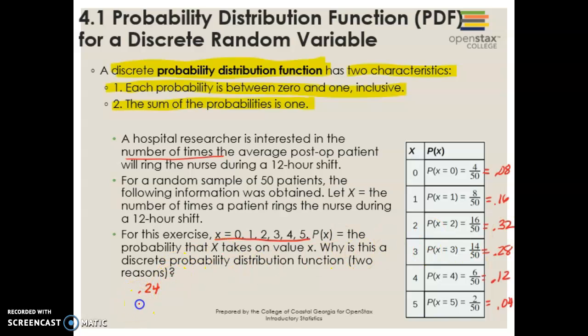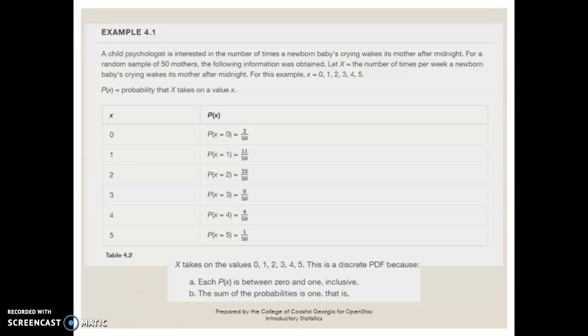Add the 0.32. 0.28 and 0.12 is 0.40. And then the 0.04. 8, 10. 2, 3, 6, 10. So that does total 1. The sum of the probabilities is 1. So yes, that would be a probability distribution function, a discrete probability distribution function.